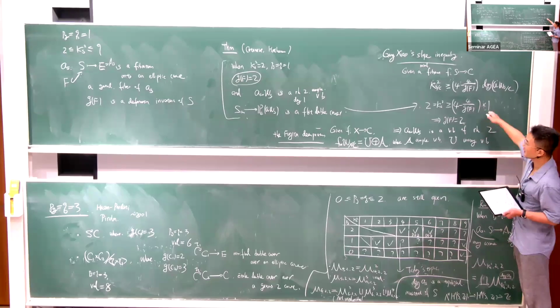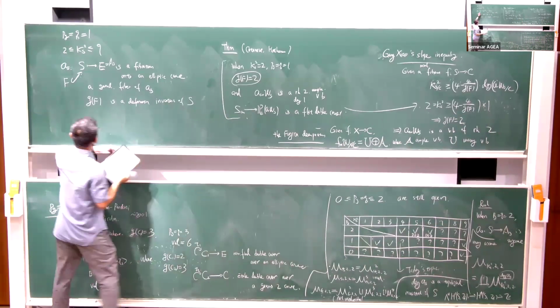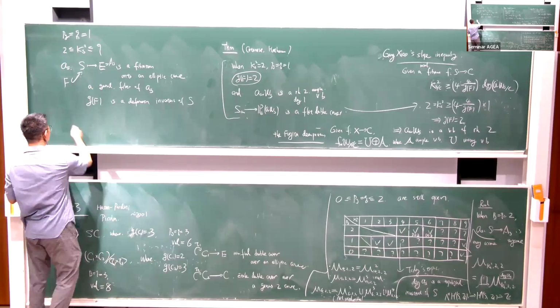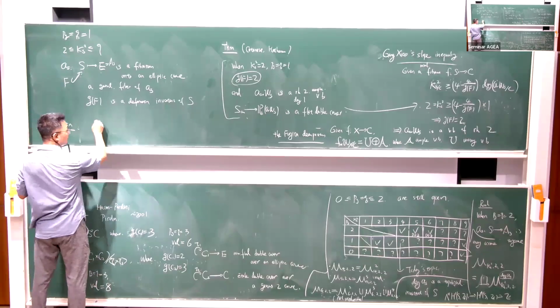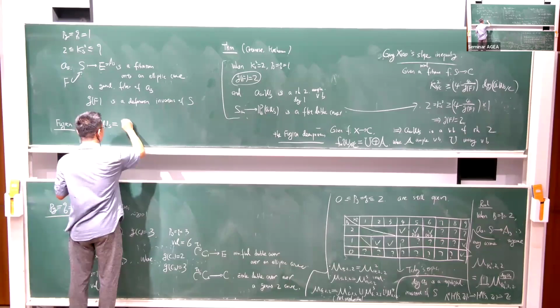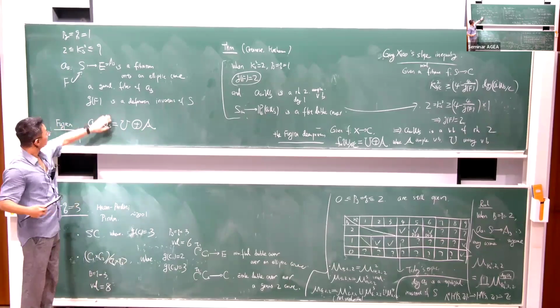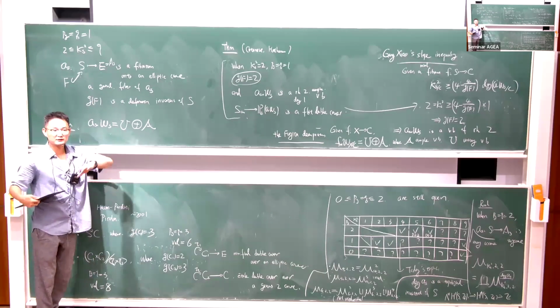But if we apply it in our situation, our situation is just a surface over an elliptic curve. Then the Fujita decomposition says that S star omega S is U direct sum A. But since the base curve is an elliptic curve, the fundamental group is an abelian group.